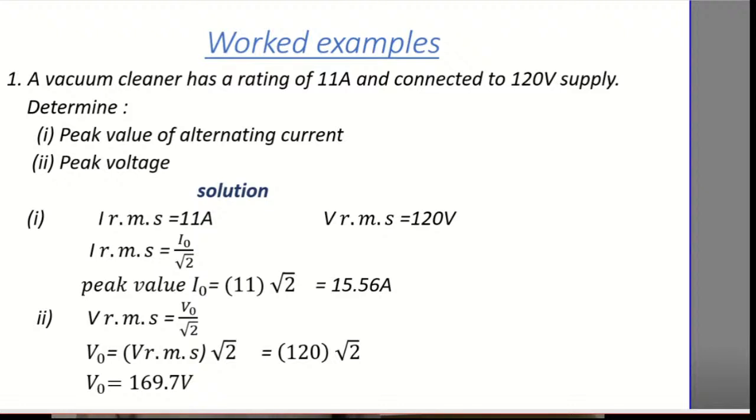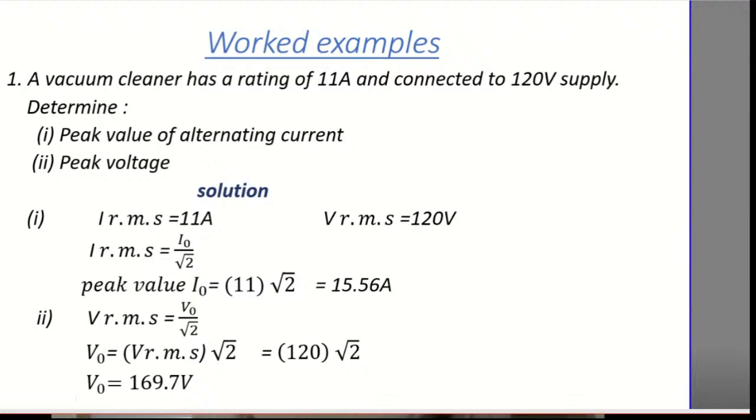Now, from our formula, IRMS equals I naught over root 2. So we are only substituting. Make the peak value I naught the subject of the formula. It is now going to be I naught equals IRMS times root 2, which is 11 root 2, and gives the answer 15.56 amperes.